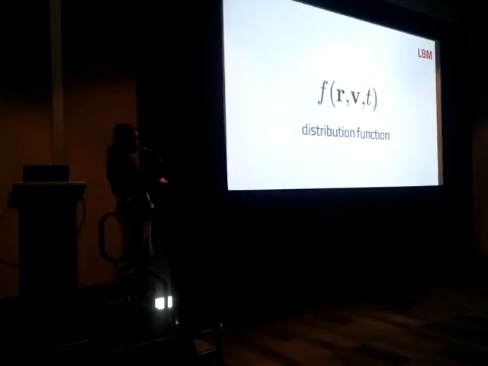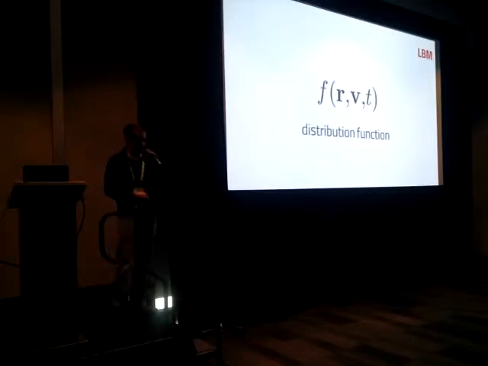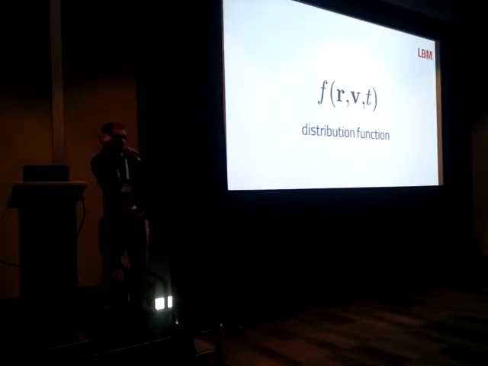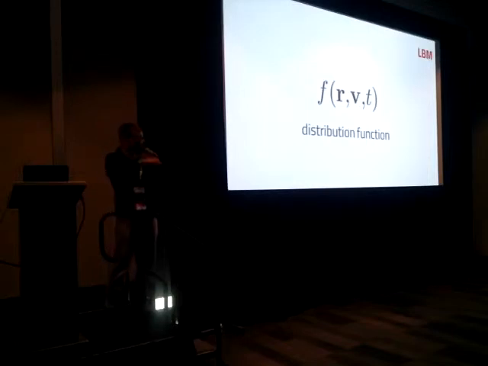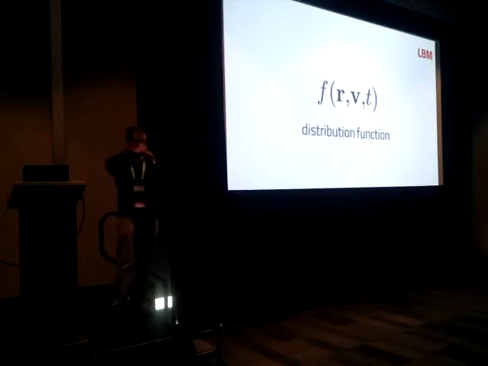He connected it with the distribution function, which is basically a function which tells you how many particles travel in a given direction, at a given point in space, at a given time. Nothing more, just like that. So it's a kind of histogram of velocities that is described in the entire space.